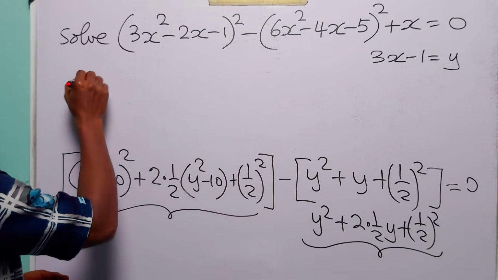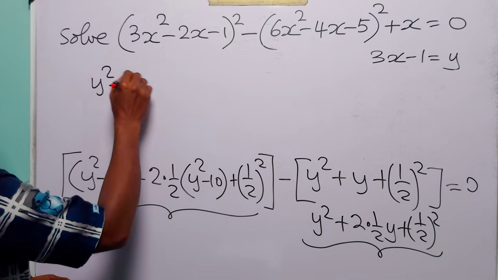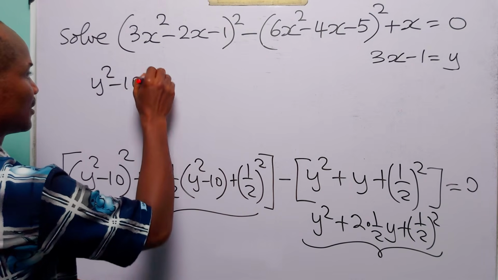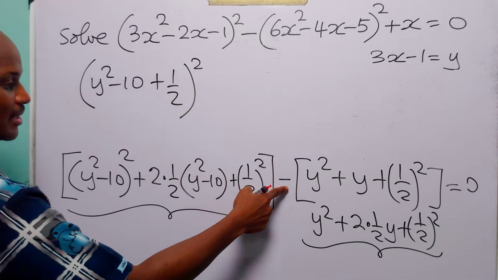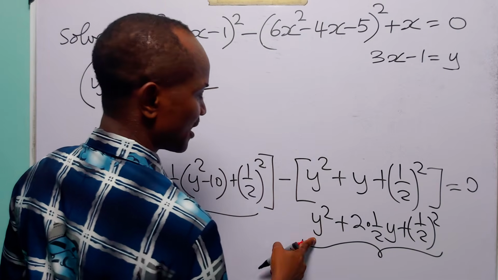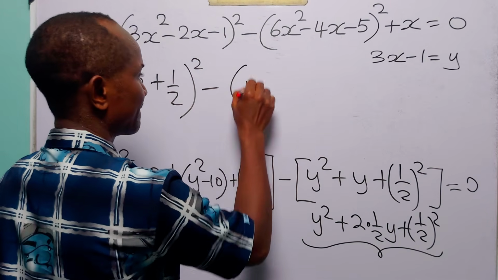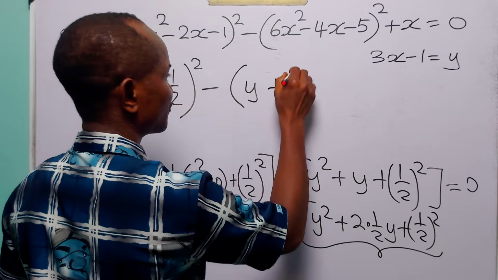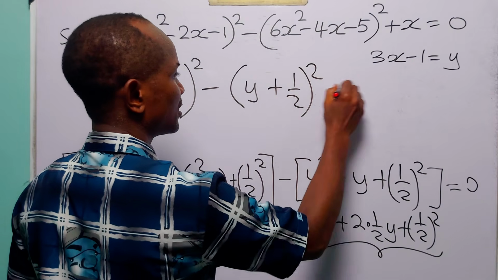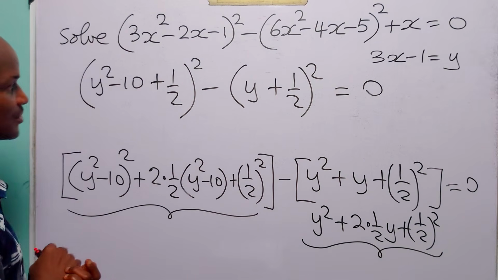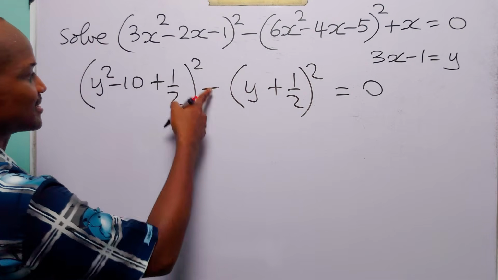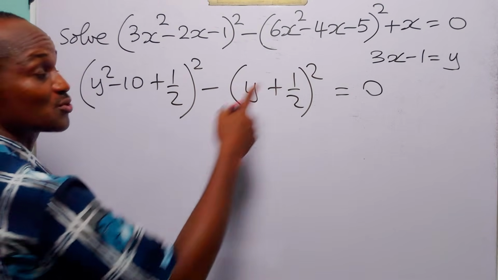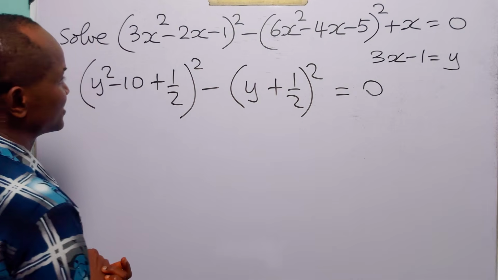Now from here we have (y squared minus 10 plus half) all squared. And from here we have (y plus half) all squared, and this is equal to 0. And finally, we have arrived at the difference of two squares, and you know how we factorize this.